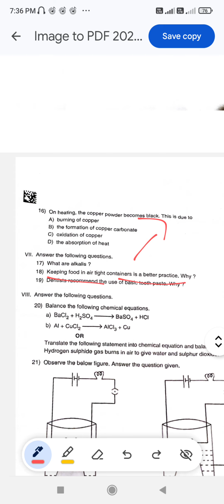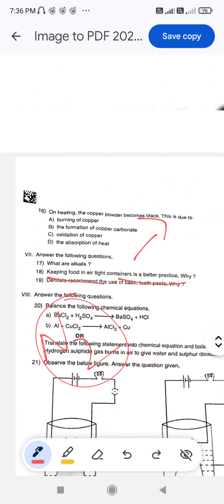So for that we have to place food in an airtight container, or otherwise another method to prevent the food from oxidation is to flush gas like nitrogen gas, right?